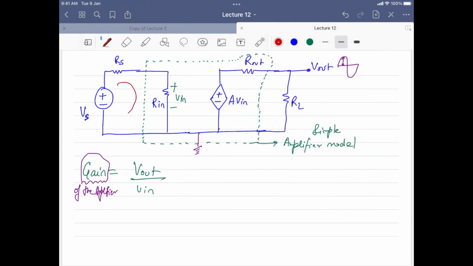This current is flowing in this branch, let us say it's I1. What will be the value of V in if you want to calculate it in terms of Vs? Will you all agree that V in will be Rin over Rin plus Rs times Vs?